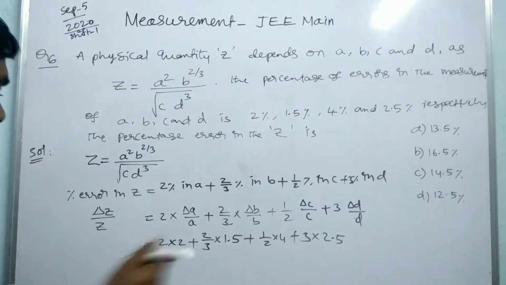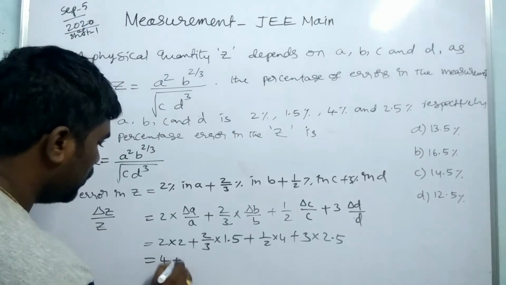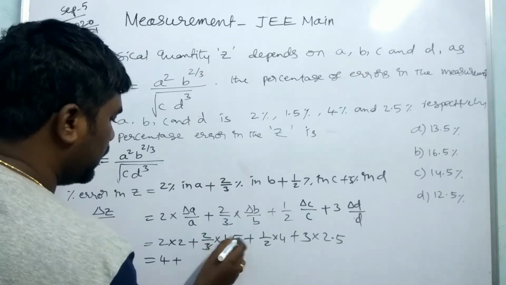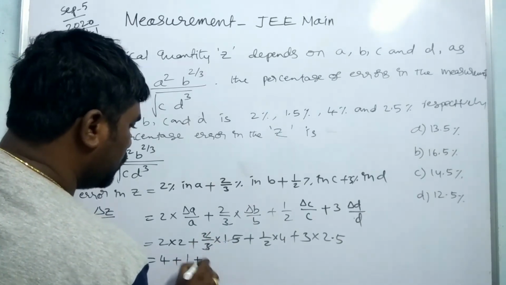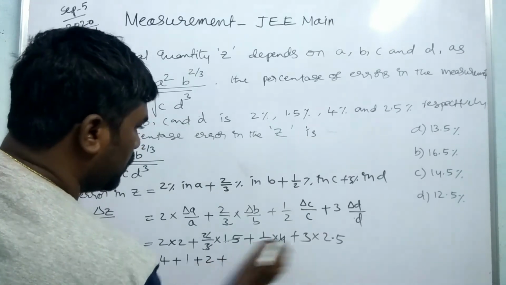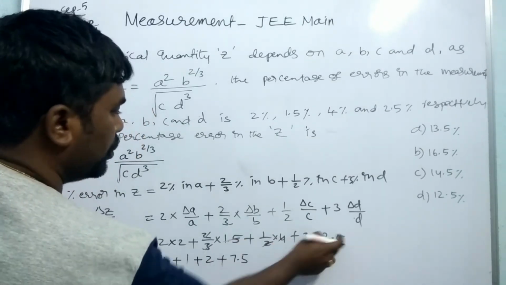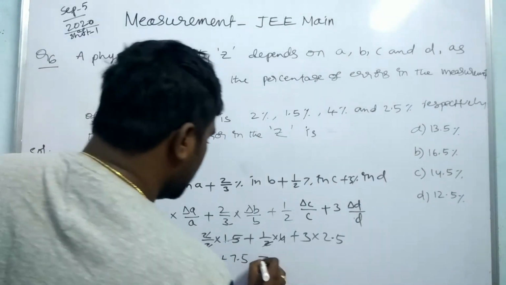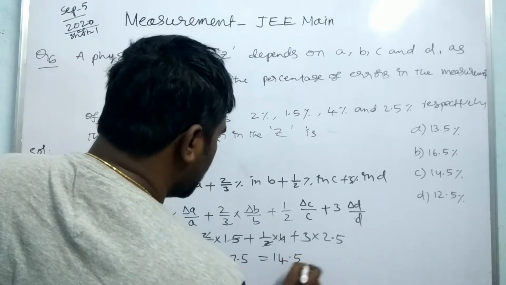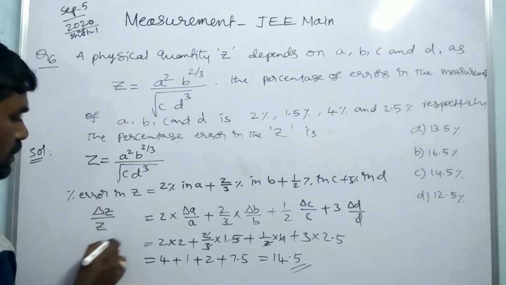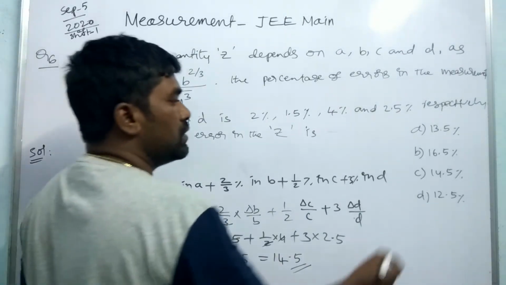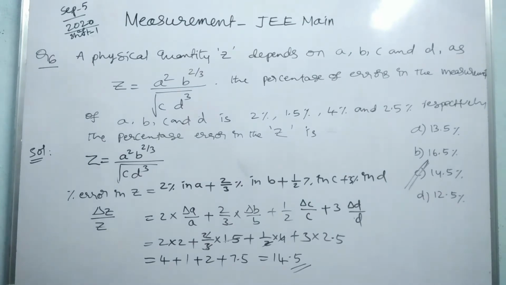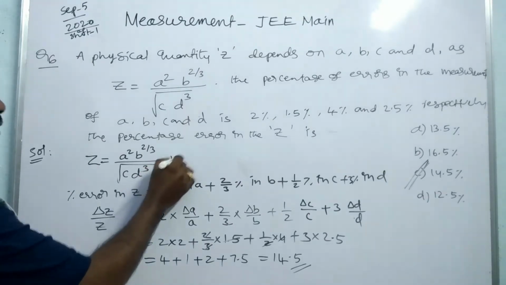Okay, so 2 into 2 is 4, and 2 by 3 into 1.5, the 3s cancel, it is 1, and plus 2, and plus 3 into 2.5, that is 7.5. 4 plus 1 is 5, plus 2 is 7, plus 7.5, that is 14.5. This is the percentage error in Z, delta Z by Z, it is 14.5. So option C, 14.5, is the right answer. Okay, so this is the basic method to remember the percentage error.